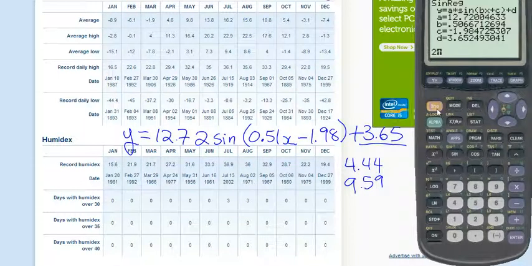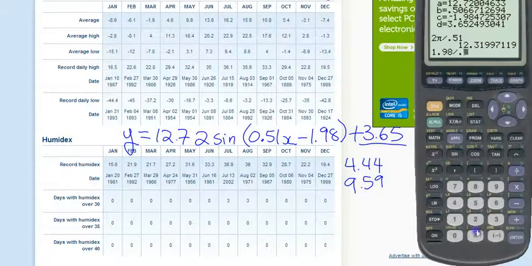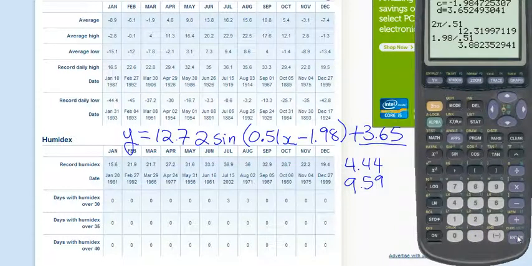So let's just click out of here. What's 2 pi divided by 0.51? 12.3. Okay. Now again, we rounded that, right? If we took the actual value, it should come out to 12 or pretty close. Start point is negative c over b. That'll be 1.98 divided by 0.51, which is 3.88, right?